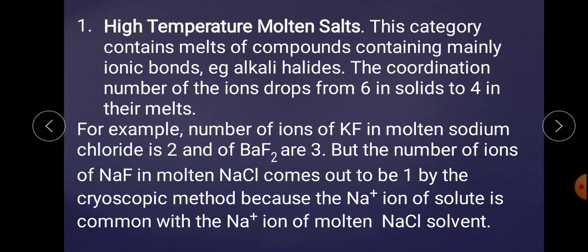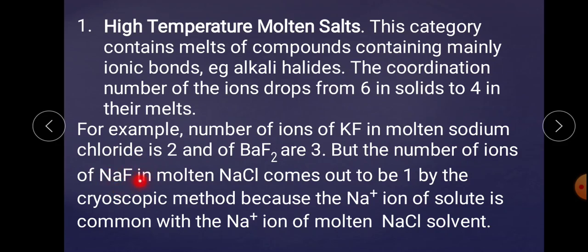But the number of ions of NaF in molten NaCl comes out to be 1 by the cryoscopic method, because the Na positive ion of the solute is common with the Na positive ion of the molten NaCl solvent. In this case the common ion effect is there.